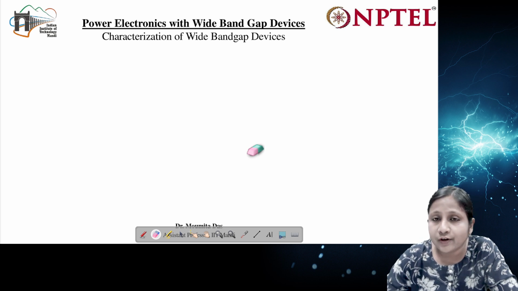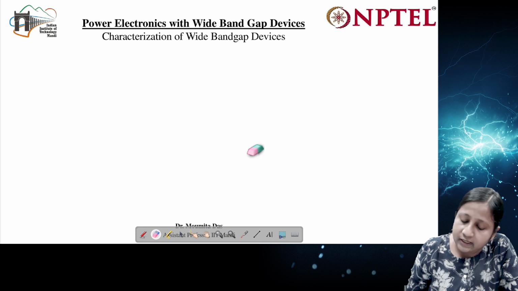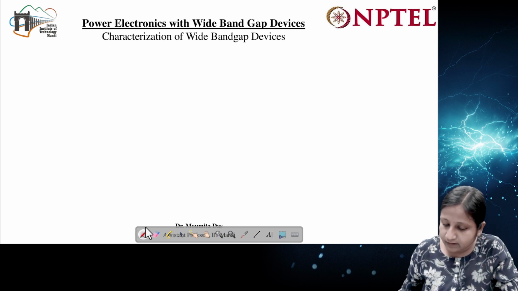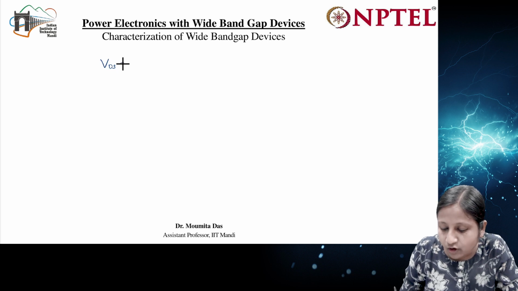Those are the first things we look for in a device, whether that device will be suitable for this much voltage rating and this much current rating. Let's say any device has a voltage rating VDS of, let's say, 400 volts, and ID of 10 ampere.